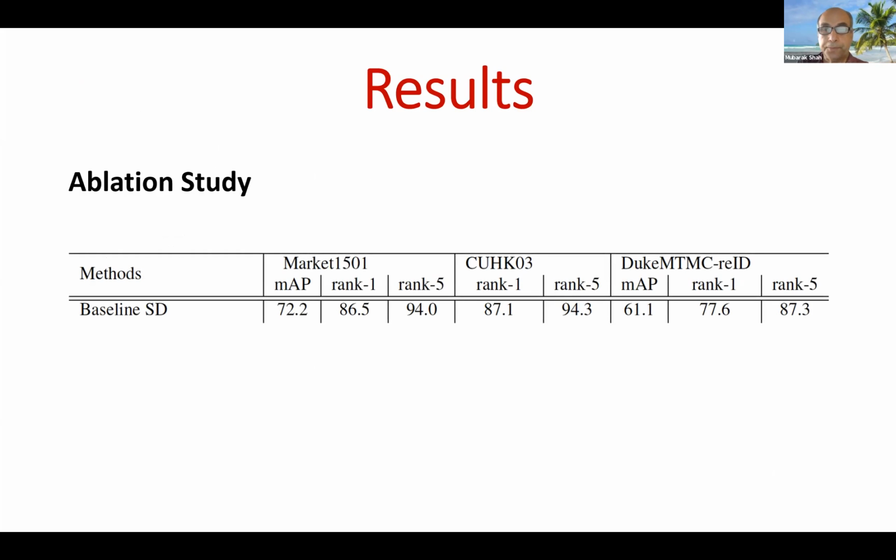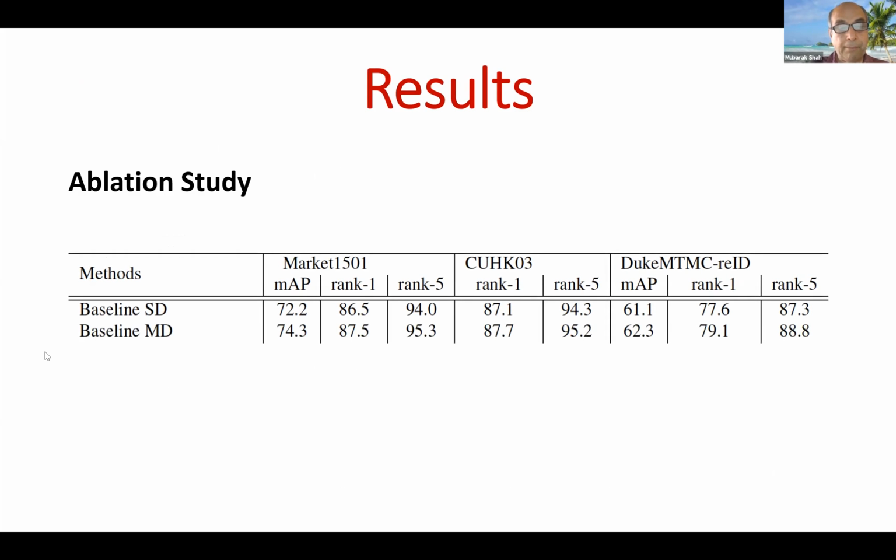First we did the ablation study to show that all these things we have done are making a difference. These are for 3 datasets, and we can see that if you use a baseline with just a single dataset, we get these results. If you use multiple datasets, we get improvement, as you see in these different datasets.